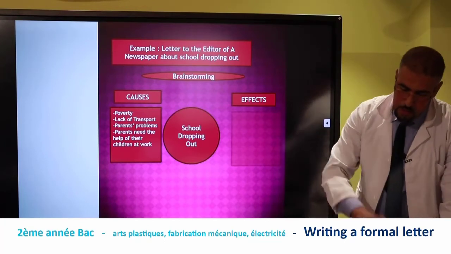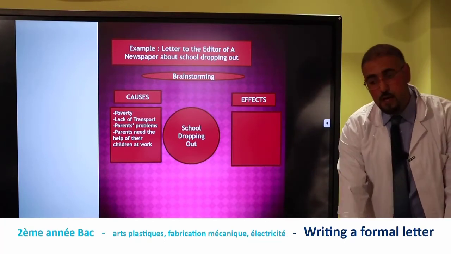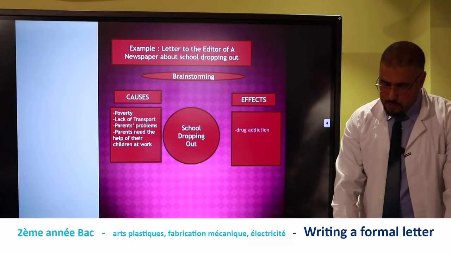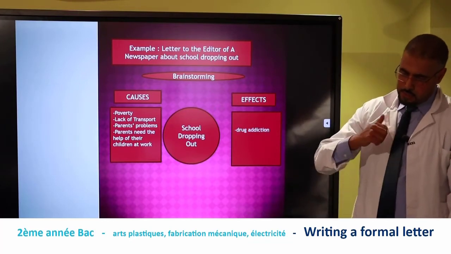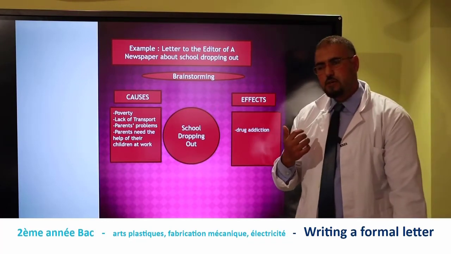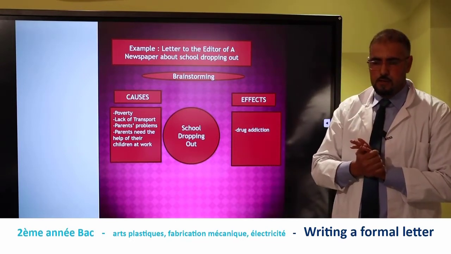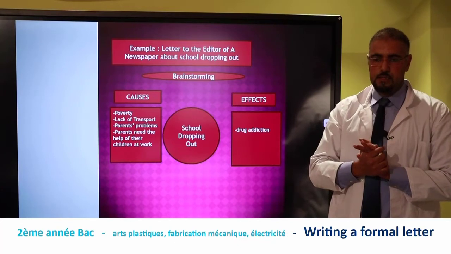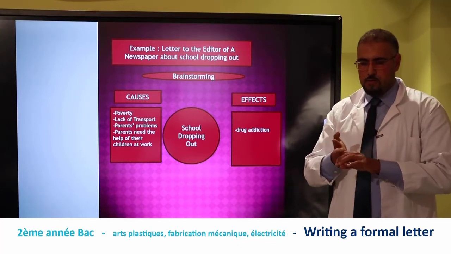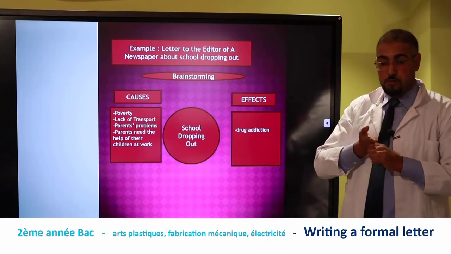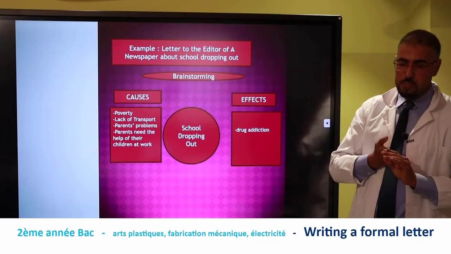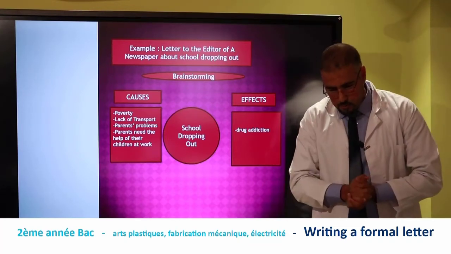Yes. Now, these causes, of course, have what? Effects. And the first effect is drug addiction, or we can call it delinquency. Drugs or alcohol or crime, etc. So this leads to delinquency.